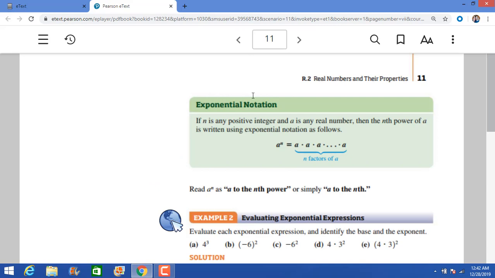So, exponential notation. If n is any positive integer and a is any real number, then the nth power of a is written using exponential notation as follows: a to the n, which means we're going to multiply a n times, or we're going to have n factors of a.